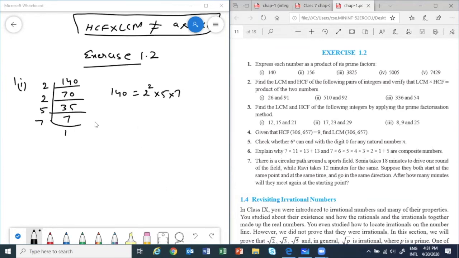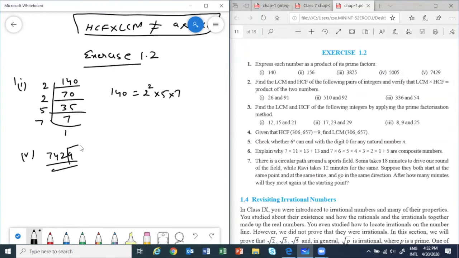Okay. Take the fifth one. Take your fifth one. 7429. I want to see how many can do. How will you prime factor 7429?